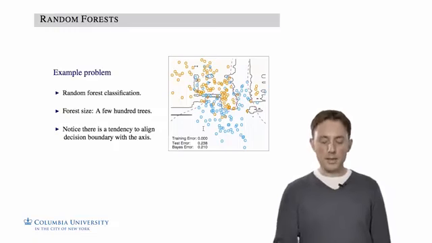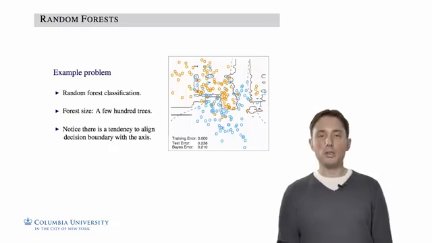And we can get these decision boundaries. So for example, all of the data in this region will have the majority vote of all of these trees say orange, and all of the data in the blue shaded region will have the majority vote say blue. But notice that we can learn some quite complicated decision boundaries. However, because our trees are splitting along the two dimensions, the decision boundaries tend to naturally align with the two dimensions.